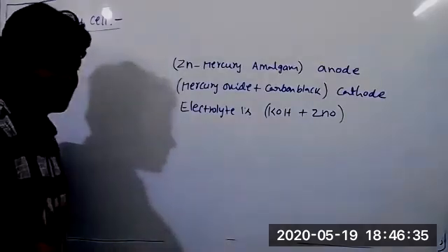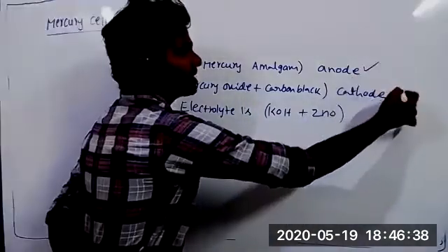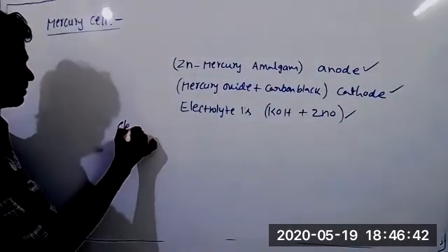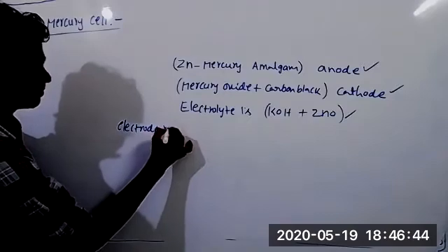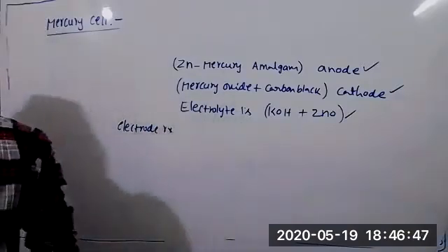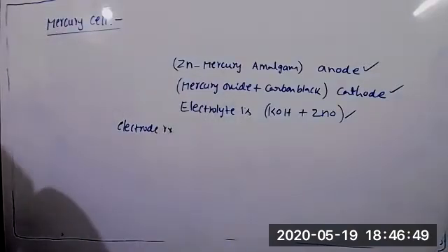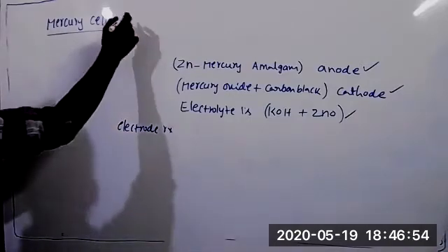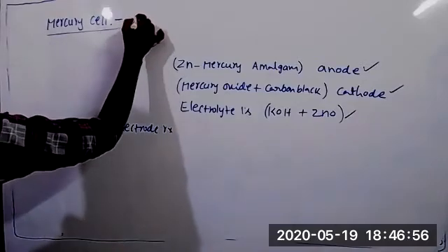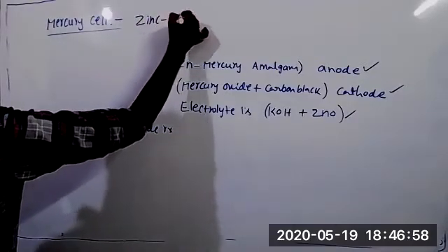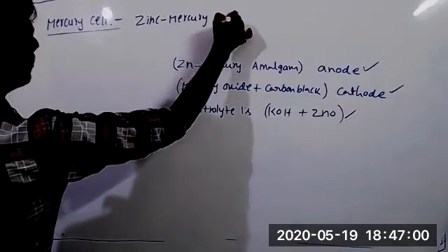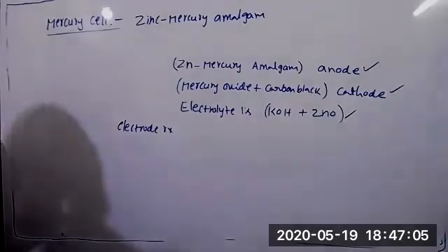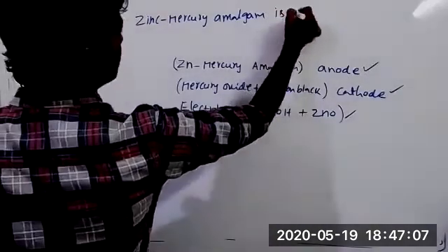In the examination you must write what is anode, what is cathode, and what is electrolyte before the electrode reactions. Zinc mercury amalgam is the anode.